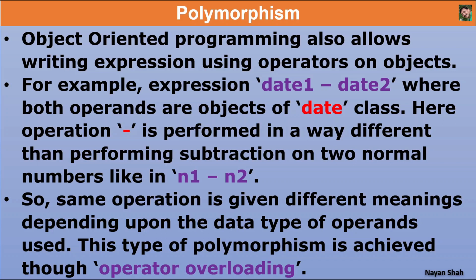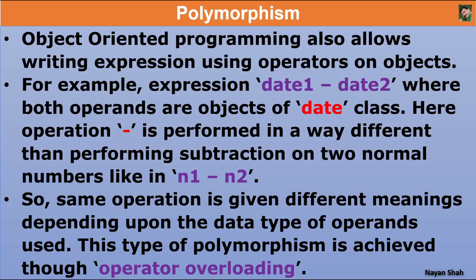You give two different dates, it will subtract those dates and give the days in between the two dates. So here subtraction is done differently. The same operator, the minus sign, is given different meanings depending upon the data type of operands used in the expression.